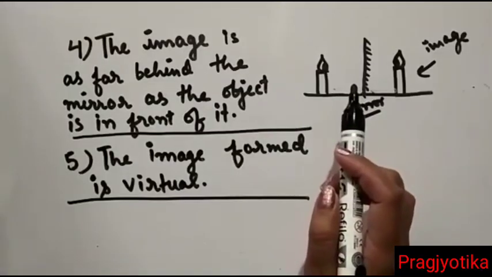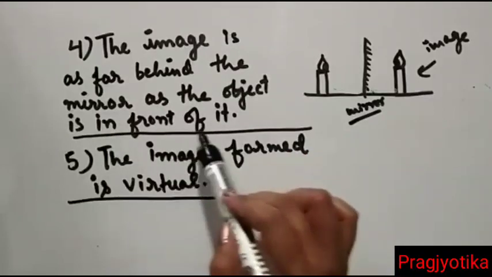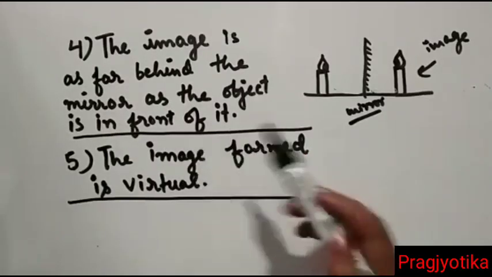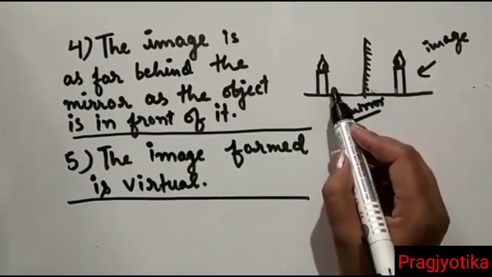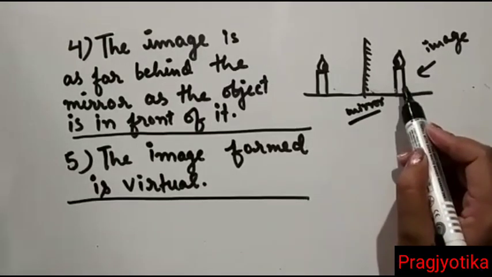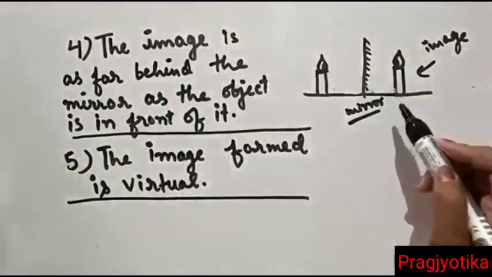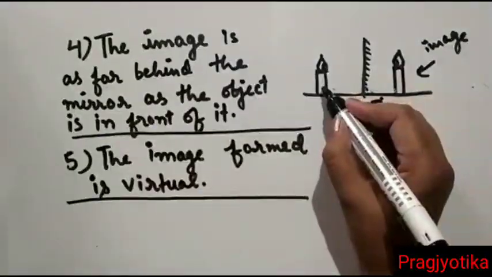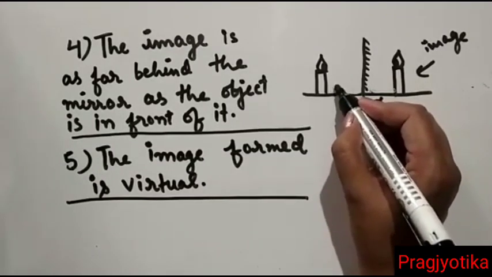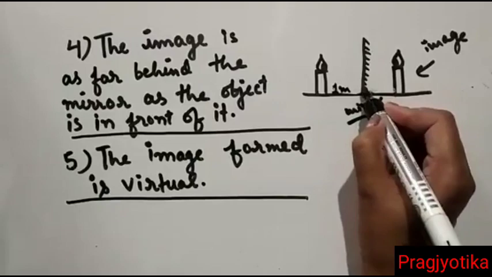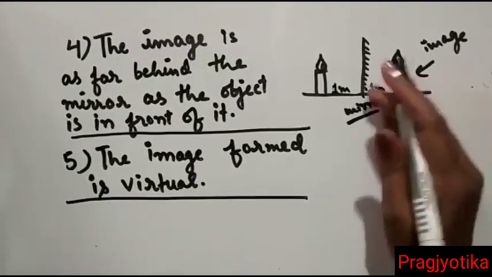The fourth characteristic is the image is as far behind the mirror as the object is in front of it. It means the distance of the object from the mirror and the distance of the image from the mirror are the same. Suppose the candle is 1 meter away from the mirror, then the image will be formed 1 meter behind the mirror.